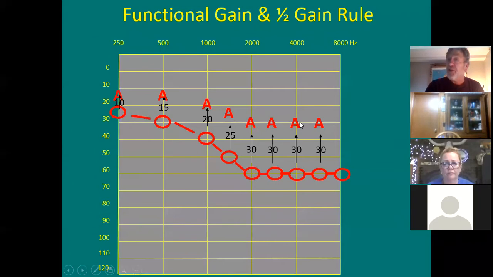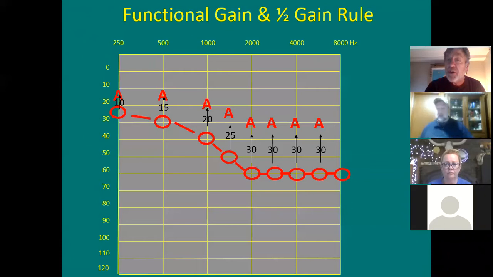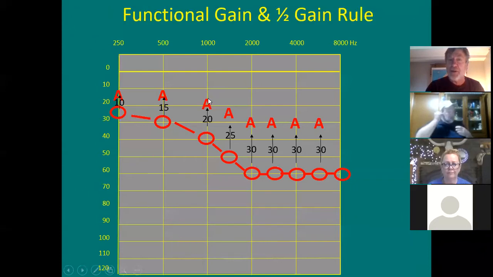And that meant that I was amplifying this 60 decibel high frequency loss by 30 dB of gain, and the hoped for output would be this. So you did this to get this. Never mind that little A popping up, it keeps doing that.